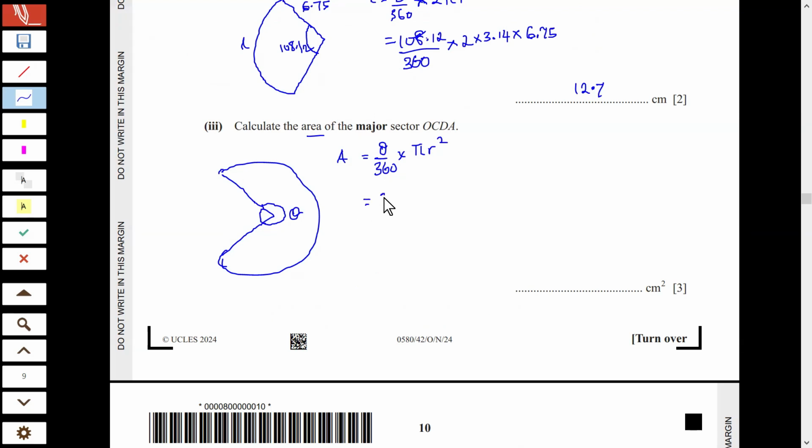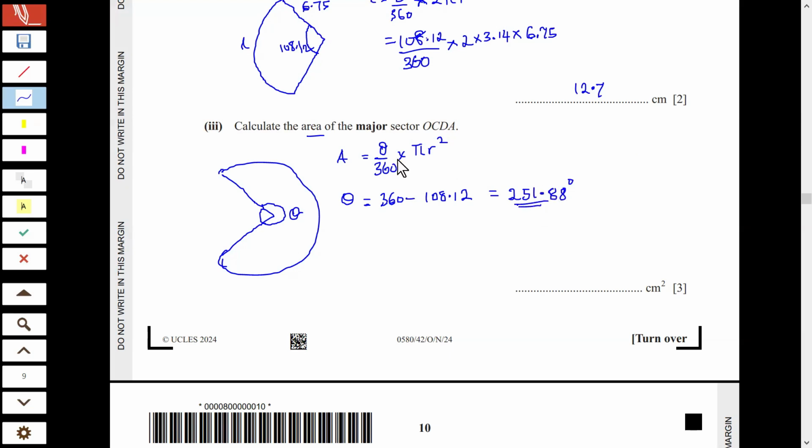This will be 360 minus 108.12, and this gives us 251.88 degrees. So this is what we're going to use in calculating the area.